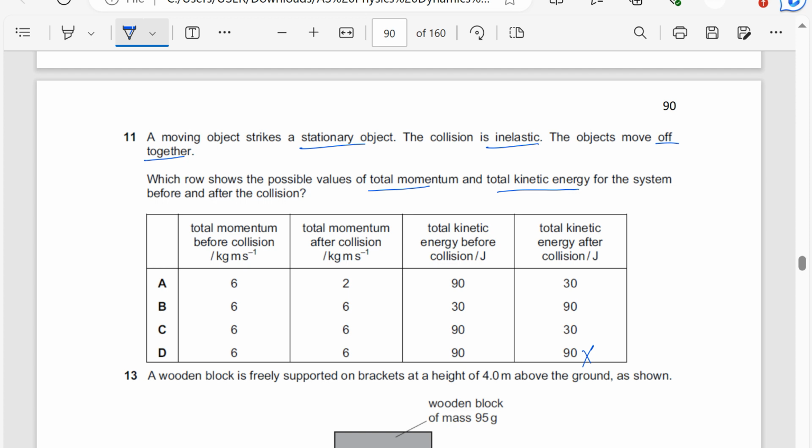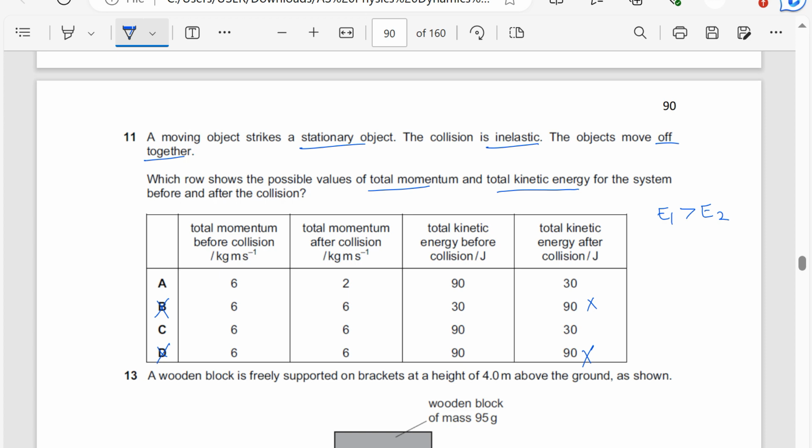So total kinetic energy before is higher than total kinetic energy after, because kinetic energy is going to be lost. So we shall ignore B also, because kinetic energy before should be greater than kinetic energy after. So we have ignored B and D.